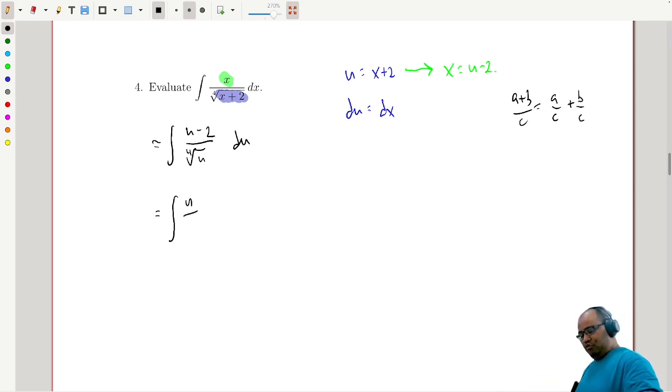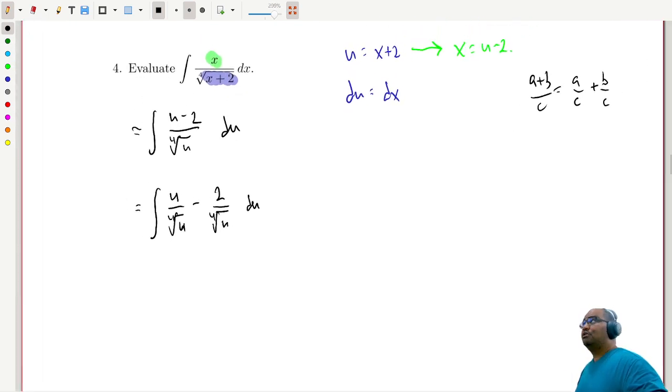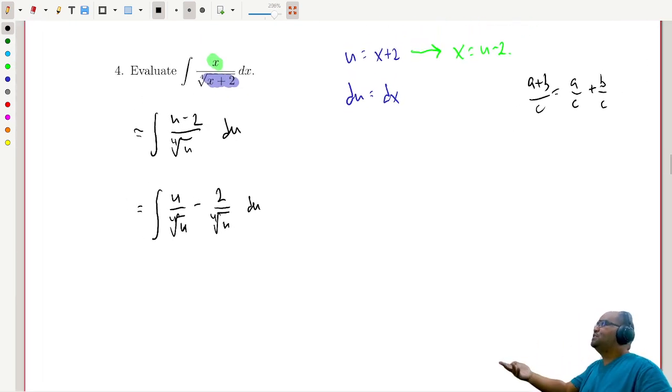So we have u over the 4th root of u minus 2 over the 4th root of u du. And now we're just going to do some exponent rules here. Let's go ahead and refresh ourselves.